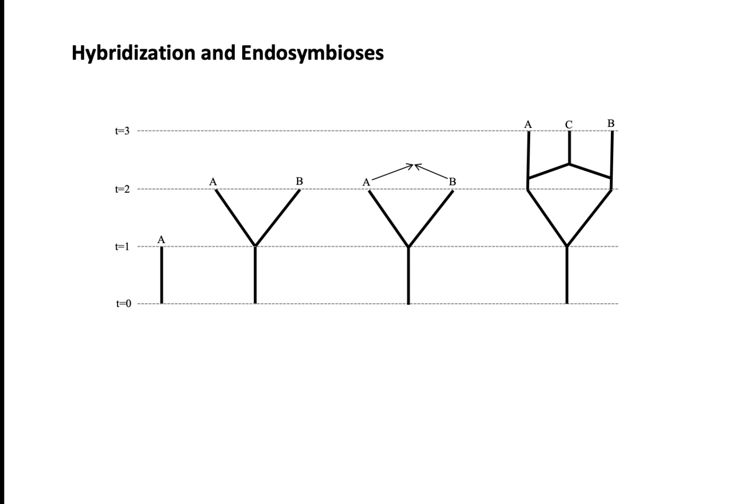Phylogenetic methods can also be used to study hybridization and endosymbiotic events. So in this case, the species A has diverged into species A and B. At a later time, some of those individuals join together to form a hybrid C. So now you have A and B as well as hybrid species C in the middle.